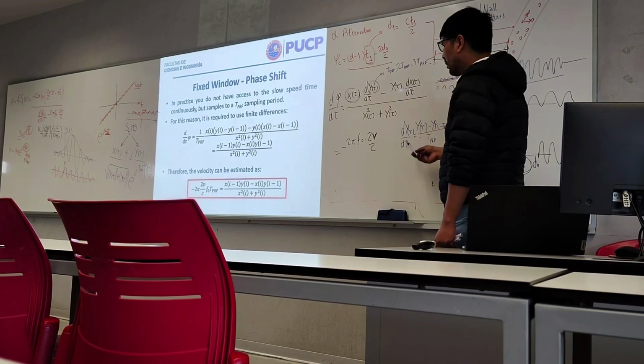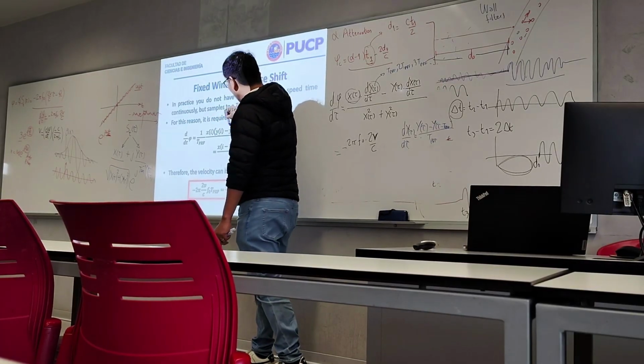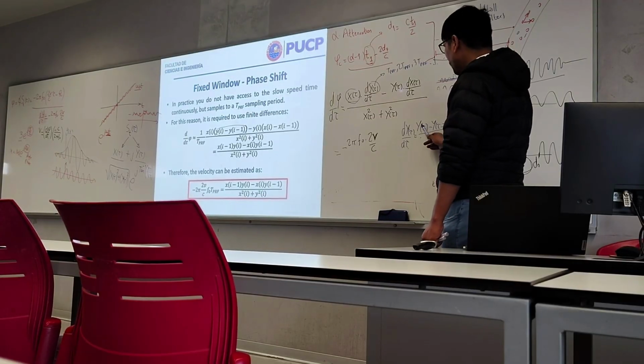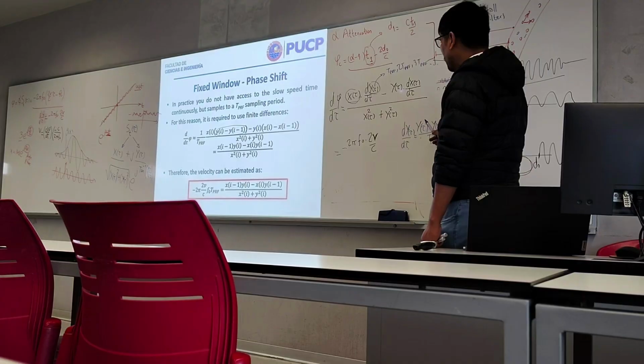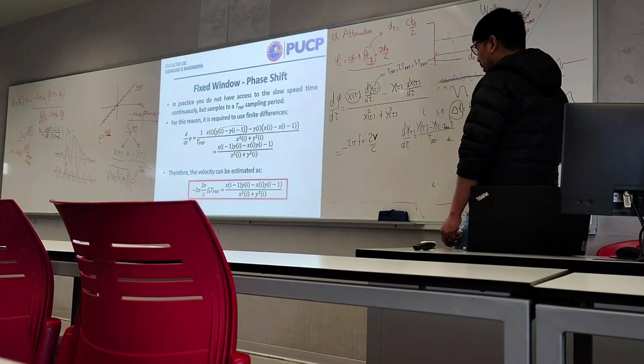And that's basically what is written here. We change the derivatives by this form, where y at some time i is associated with time i, and then with i minus 1, one previous sample.